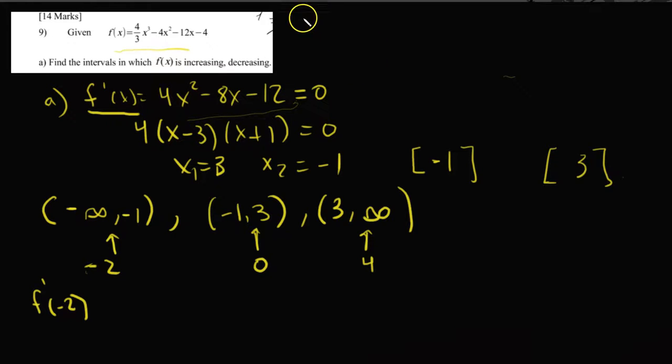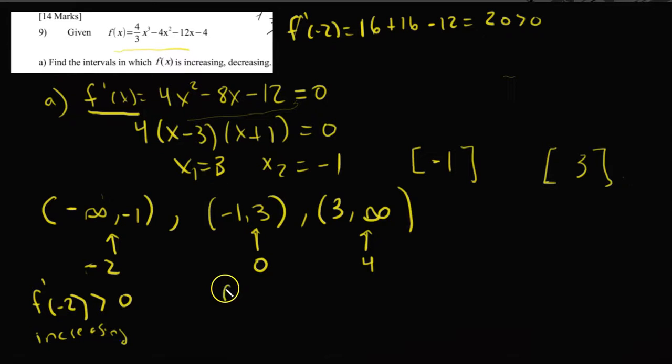So f prime of -2: the first term is 16, and -2 times -8 is plus 16, which is 32, minus 12 is 20, so it's greater than 0. So f prime of -2 is greater than 0. That means on this interval, the function is increasing.